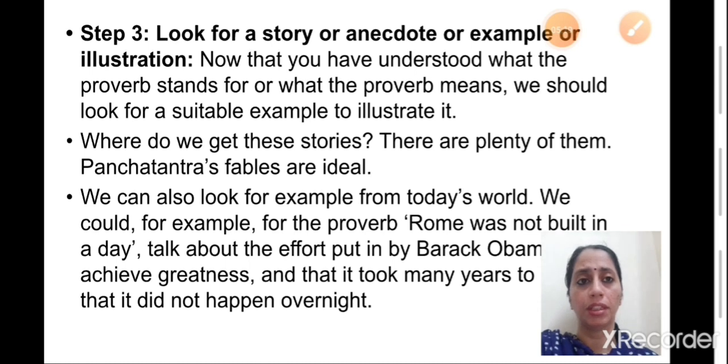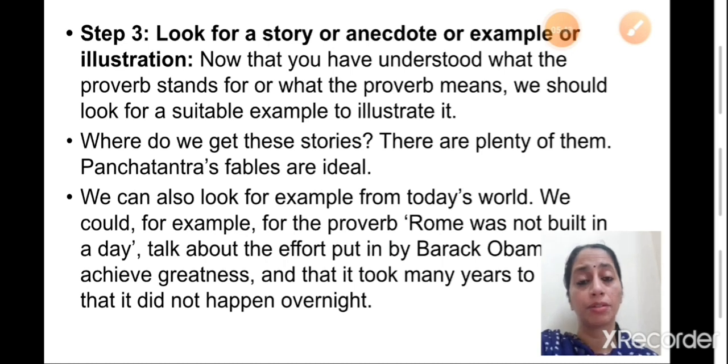Step 3. Look for a story, anecdote, example or an illustration. Okay, so now that step 1 and step 2 are done, the proverb is clearly understood. Now we have to relate a story to it.